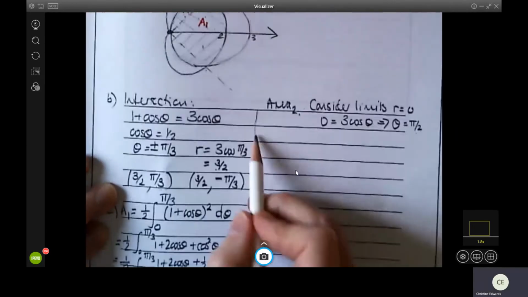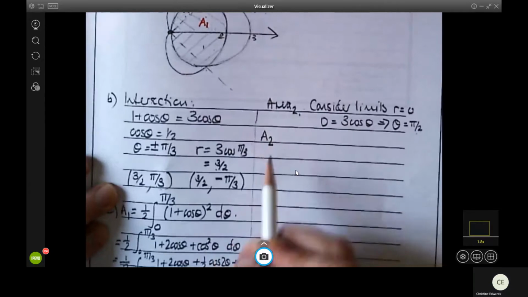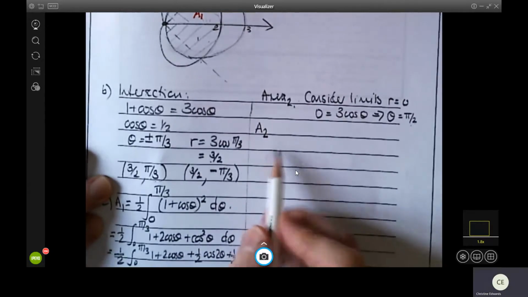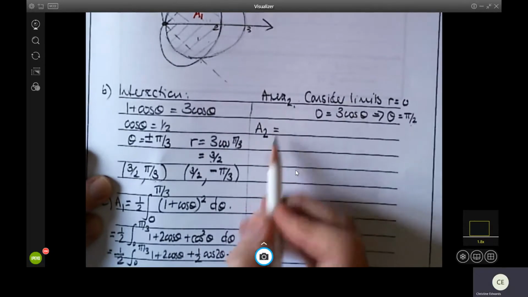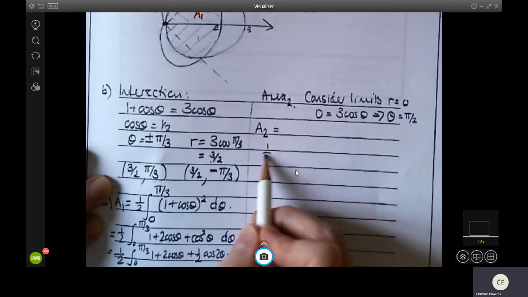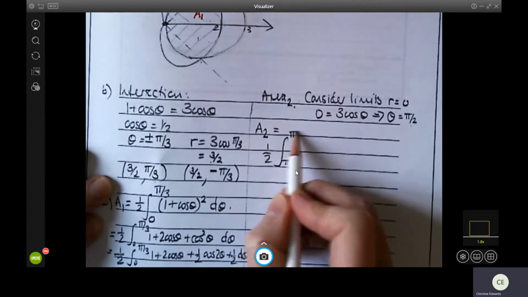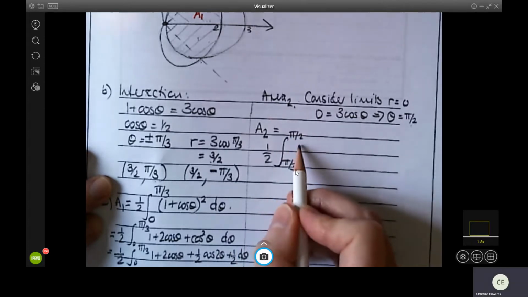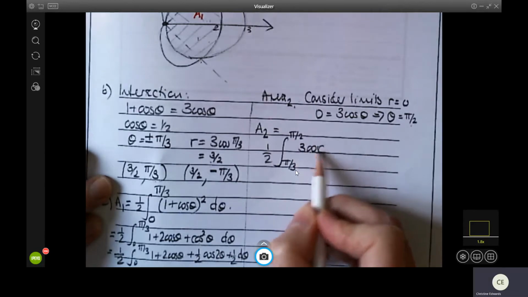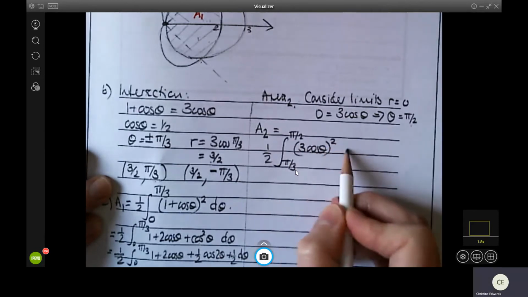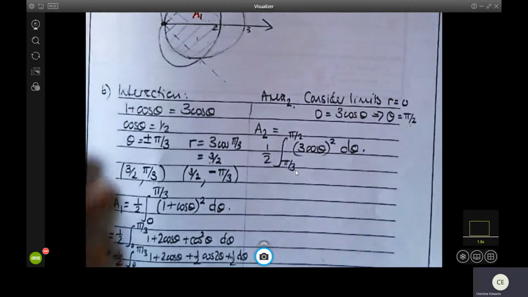So A2 is going to be a half integral between pi over 3 and pi over 2. And we're going to be plugging in 3 cos theta, squaring it, and separating.